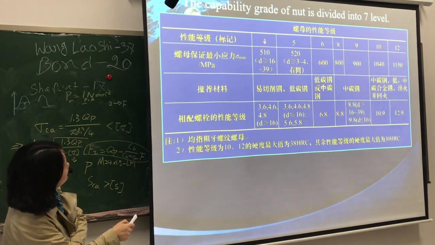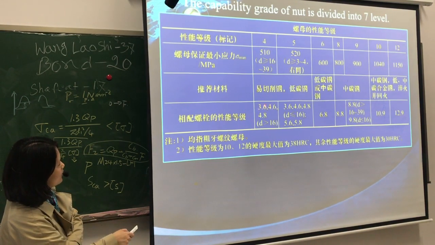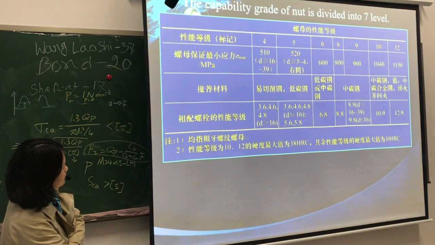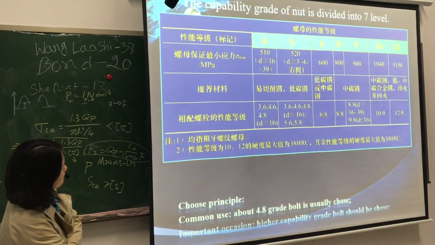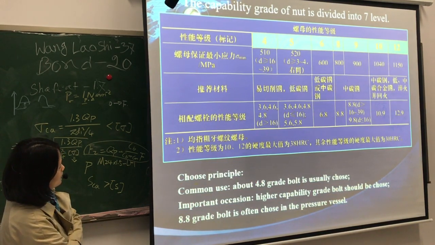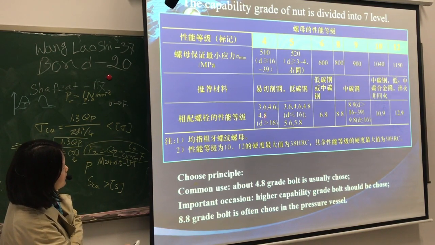So for grade 4 nut, we can use the bolt of this grade. This is the grade of the bolt and this is the grade of the nut. Commonly, the 4.8 grade bolt is usually chosen.